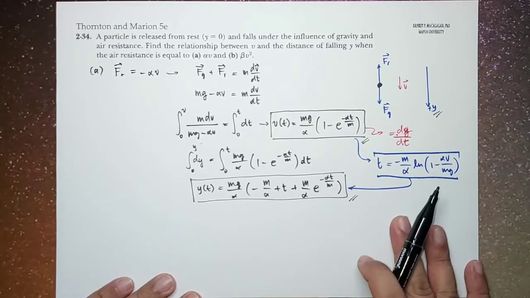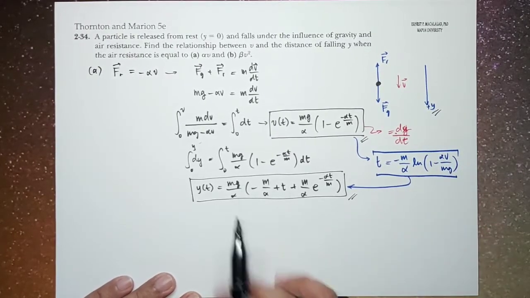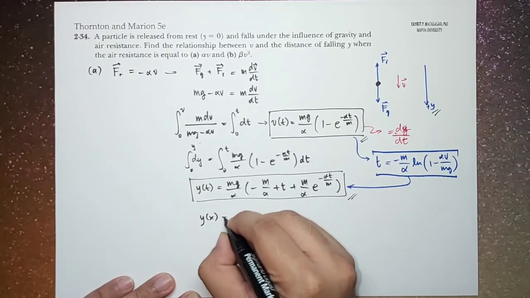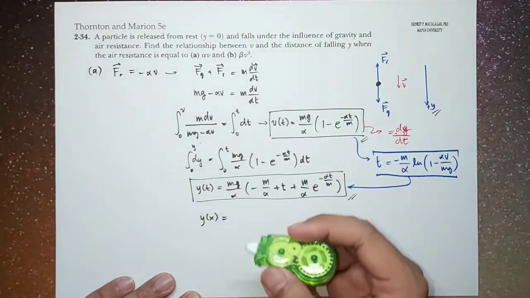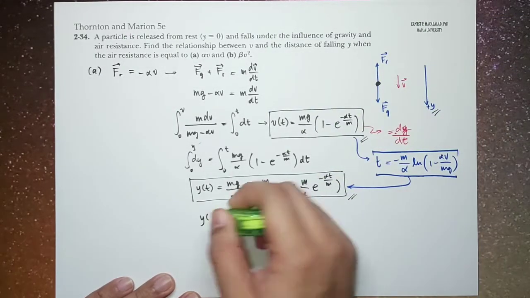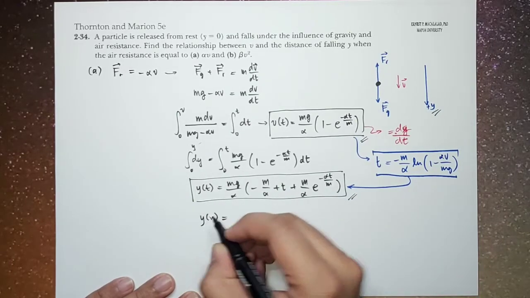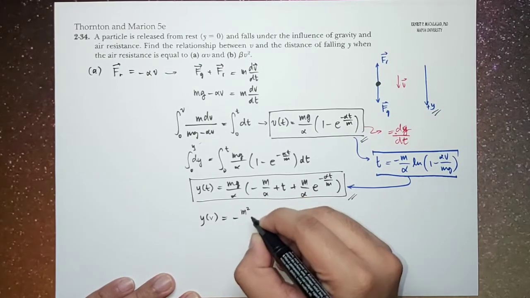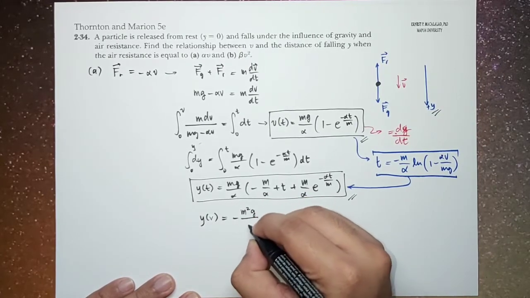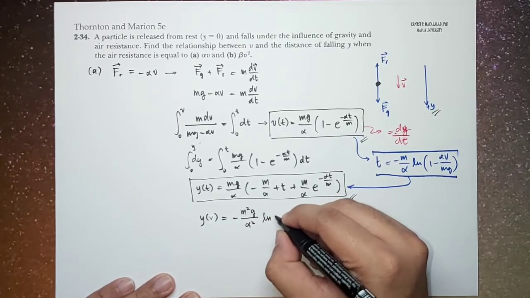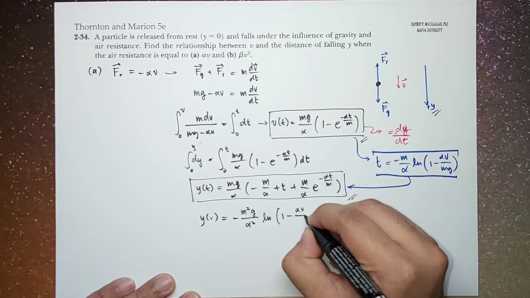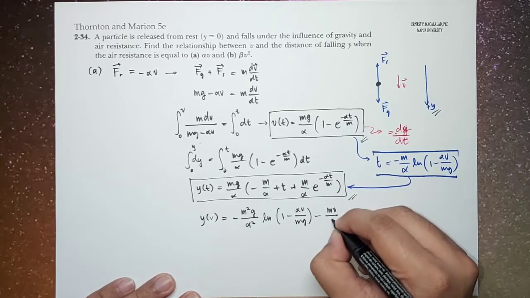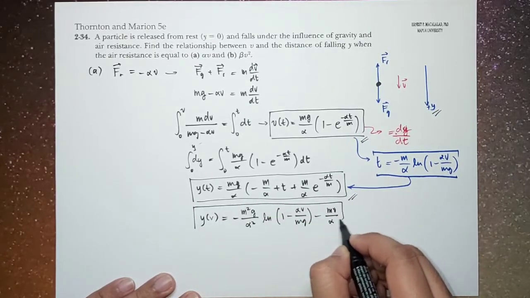Then you can just do a series of manipulations, and you'll end up with y as a function of v, which is equal to negative m squared g over alpha squared times ln of 1 minus alpha v over mg, minus mv over alpha.